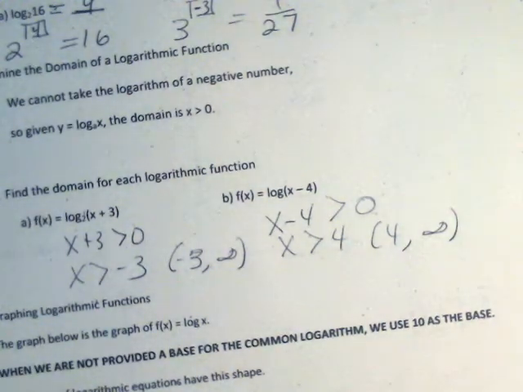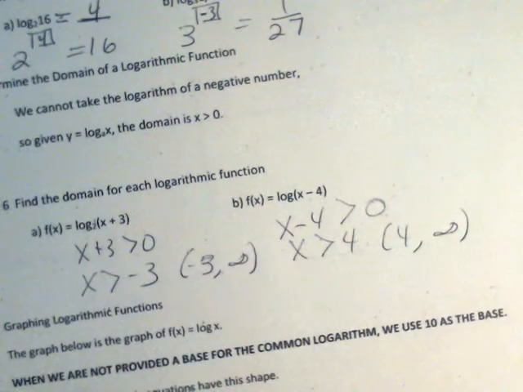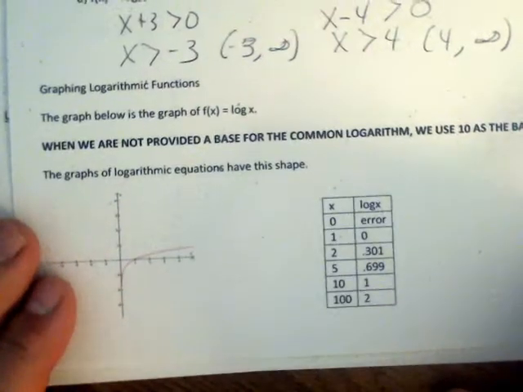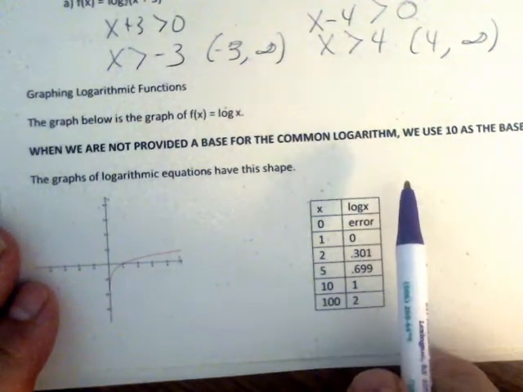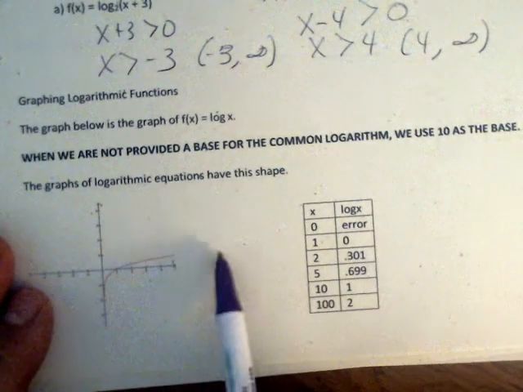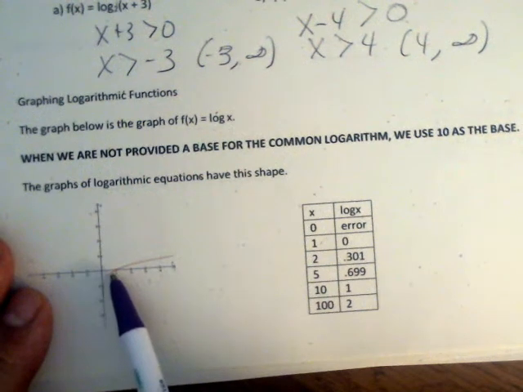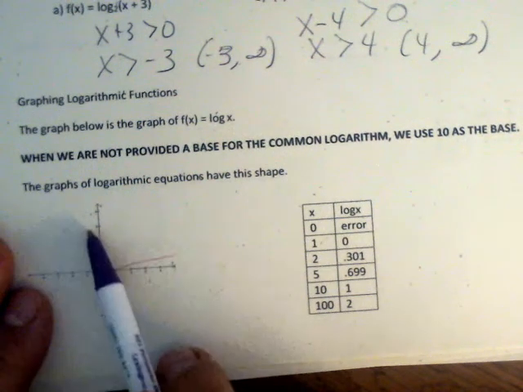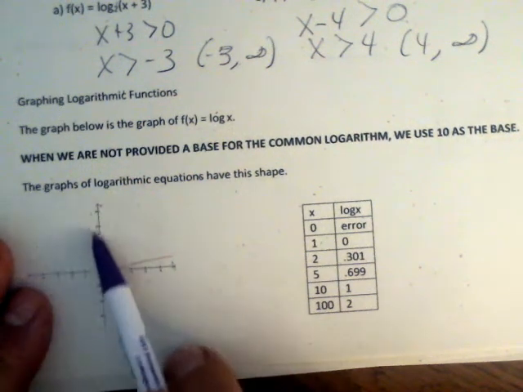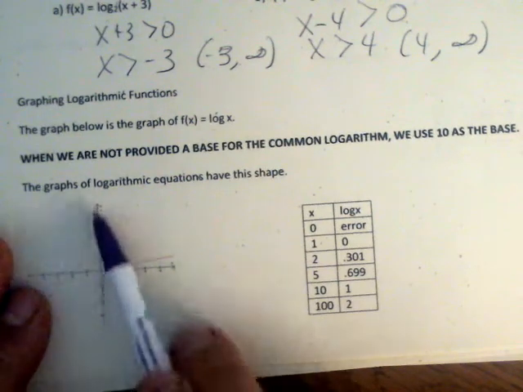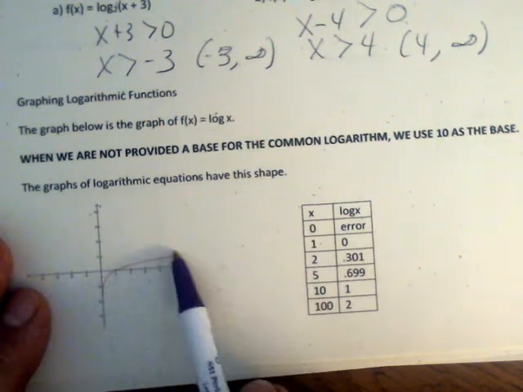Lastly, I know it's been a long one, we want to look at graphing. Okay, and with the exponential functions, we had a horizontal asymptote, and the graph had a curve. Logarithms also have a curve, and they have a vertical asymptote. So again, remember, these are inverses of exponentials. The shapes are fairly similar.